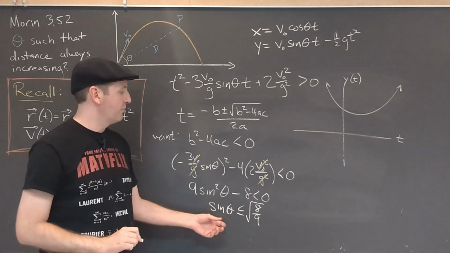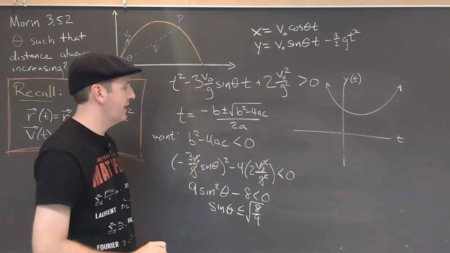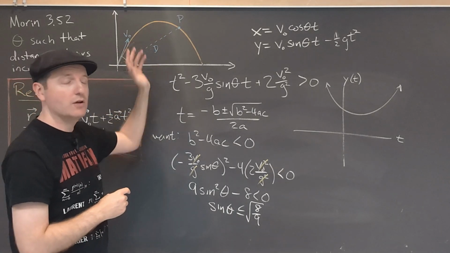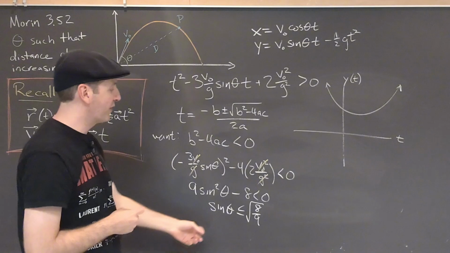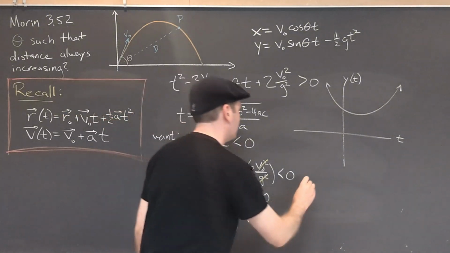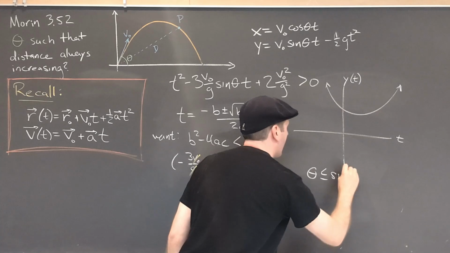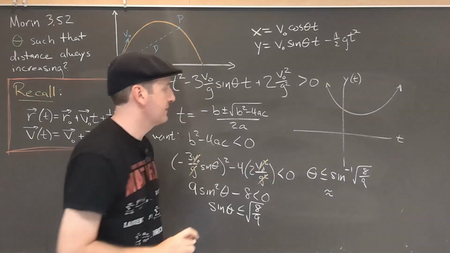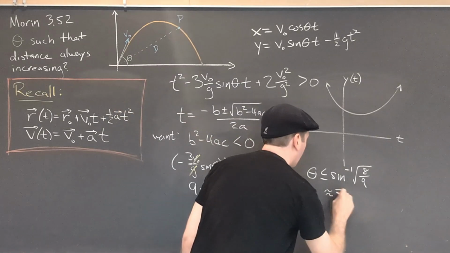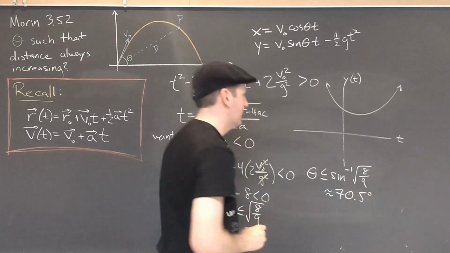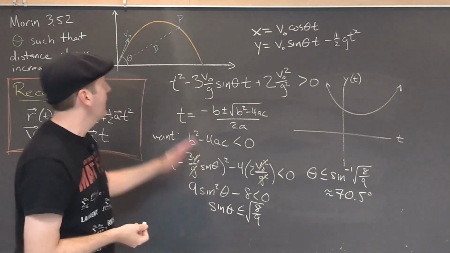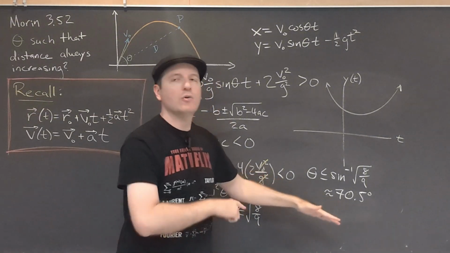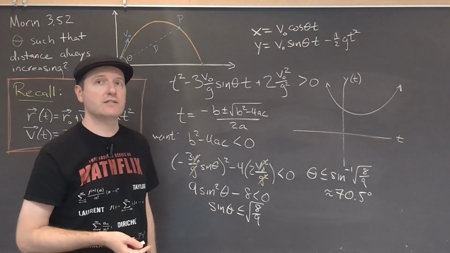If we go ahead and plug in this value to our calculator, we can find that this condition in which the distance is always increasing from the launch point will hold for any theta that's less than about 70.5 degrees. Any angle that we launch our projectile from that is less than this value will always have the projectile increasing its distance as it moves away.